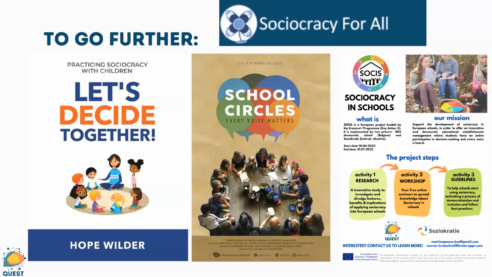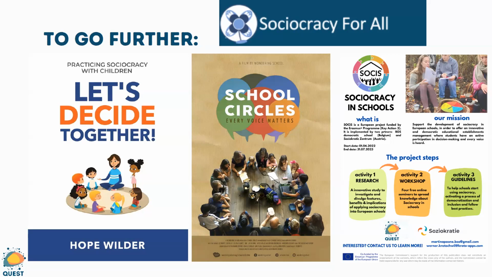And here is a suggestion of a book to read: Let's Decide Together by Hope Wilder. It's mostly dedicated to young children, to use sociocracy with them, but it has very practical inspiration. You can watch, if you haven't yet, the documentary School Circle, which is based on one sociocratic school in the Netherlands.